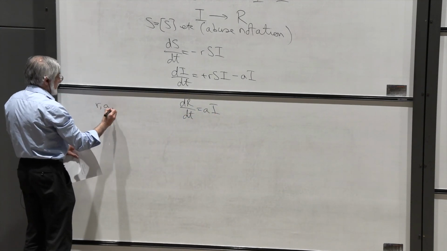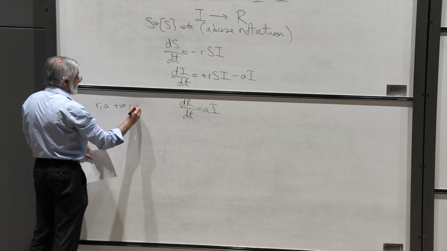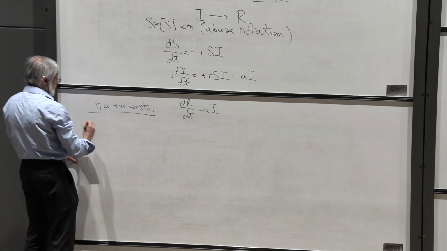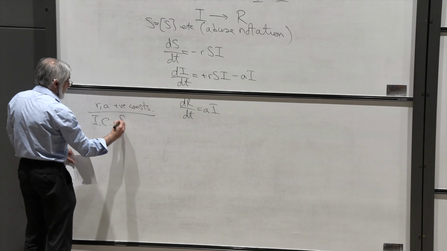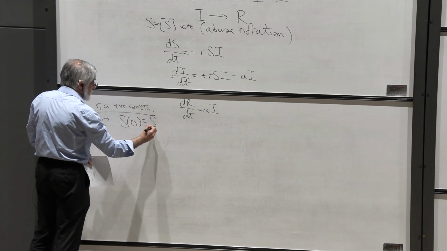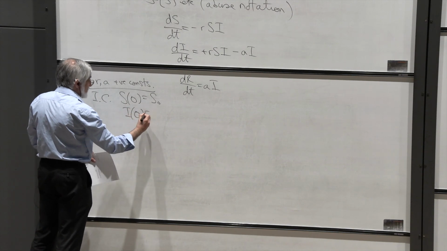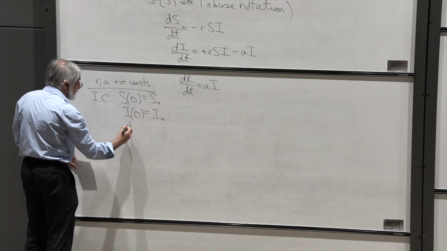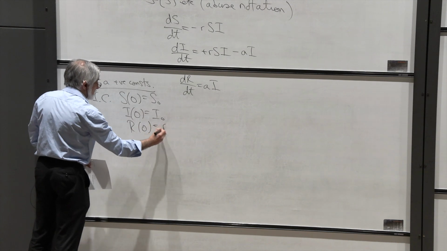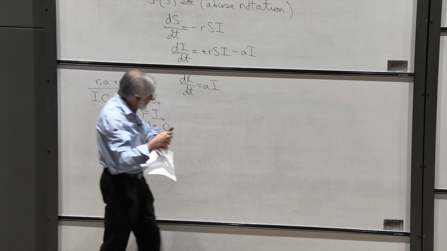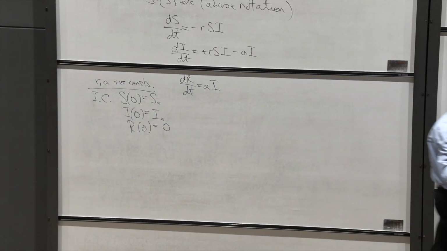So r, a are positive constants. And initial conditions, you have some susceptibles, you have some infecteds, and you have no removed. Okay? So you've got a system of 3 ODEs.